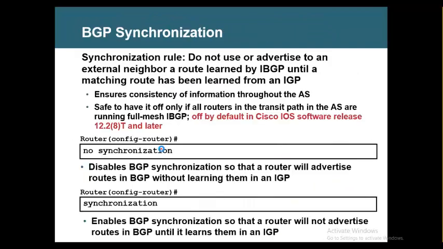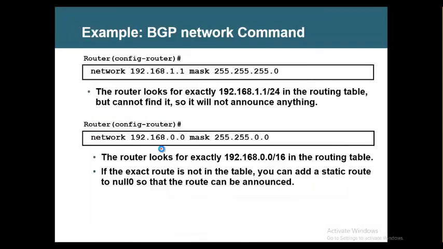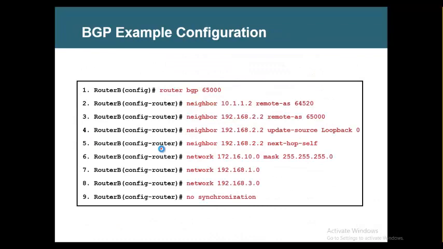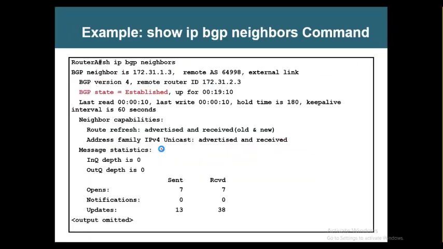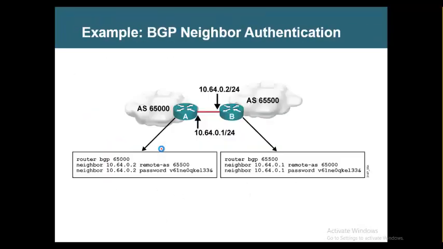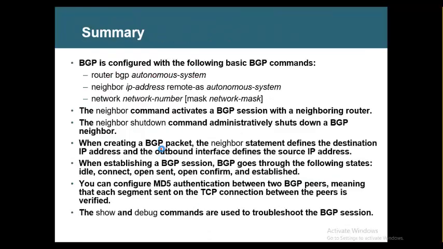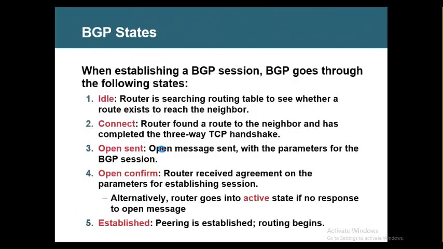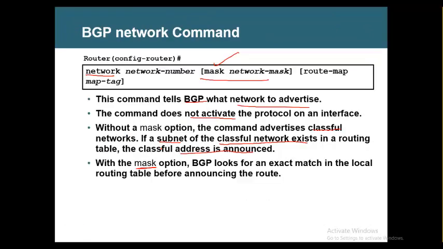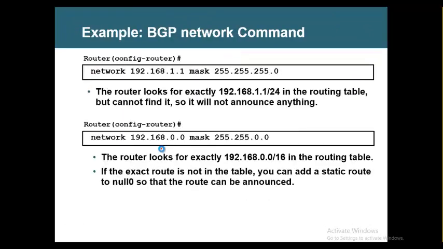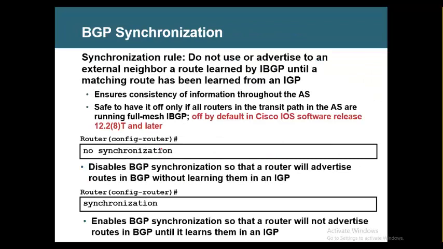We have one more topic to go, the synchronization rule, and then small things. These are all small topics, but let's finish this and then we'll close the session. So we have seen how to advertise. Next is the synchronization rule.